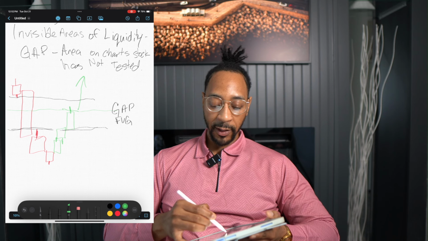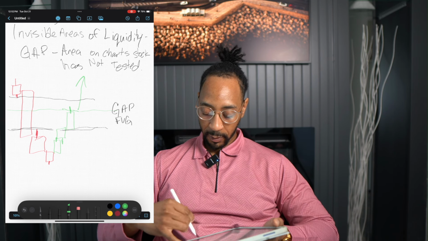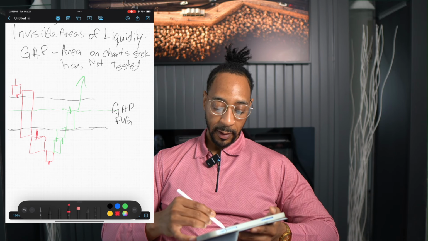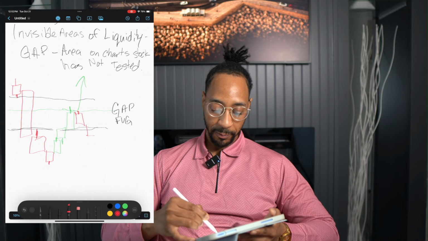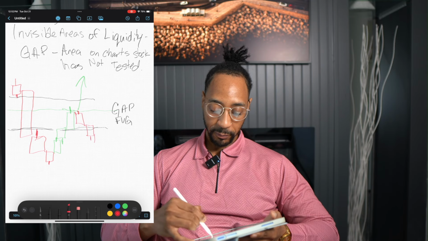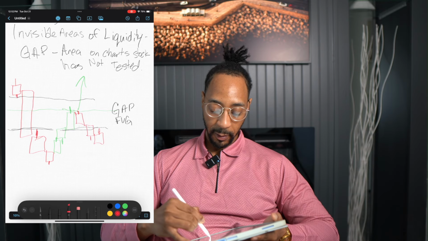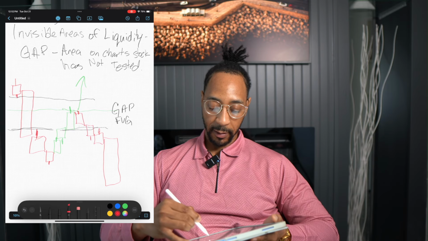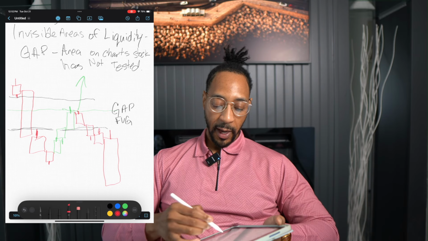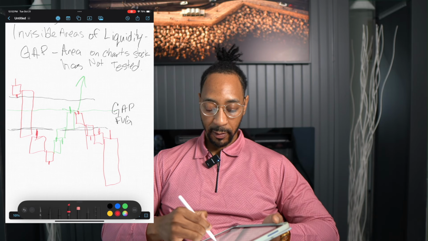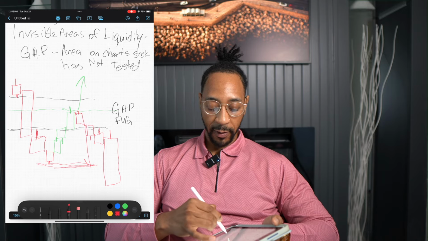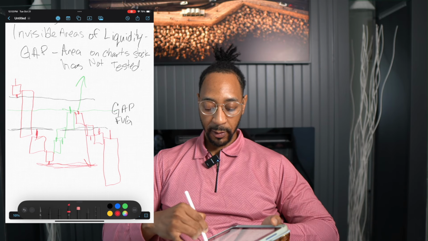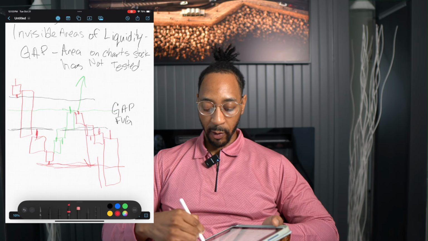If it comes here and starts to reject here, it's going to come down here, right? Boom, just like that. And it's going to come down here and try to retest the bottom of this candle. And if it comes below the bottom of this candle, then it's going to keep going lower and lower and lower.